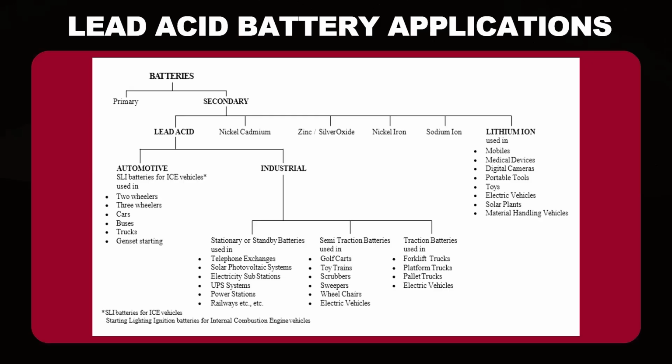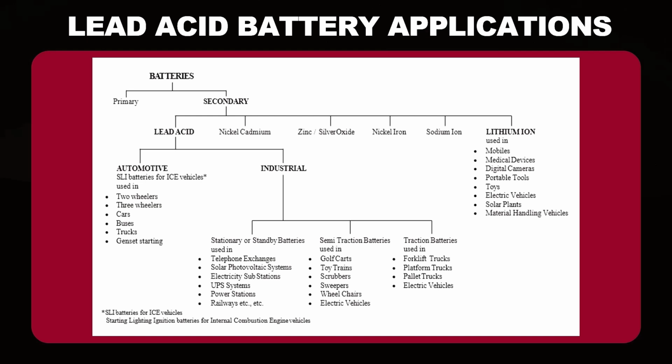I shall now explain the various applications of batteries. As I mentioned at the beginning of the presentation, there are two types of batteries, primary and secondary. We shall be discussing secondary batteries only.